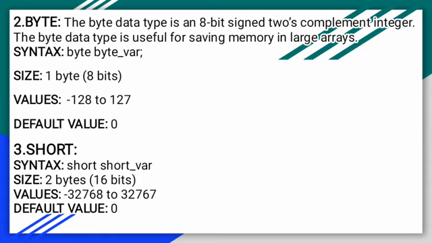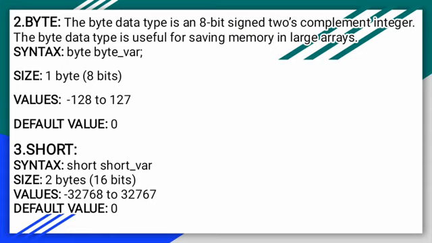The values that short data type takes are from minus 32,768 to 32,767. The default value that short data type stores is 0.